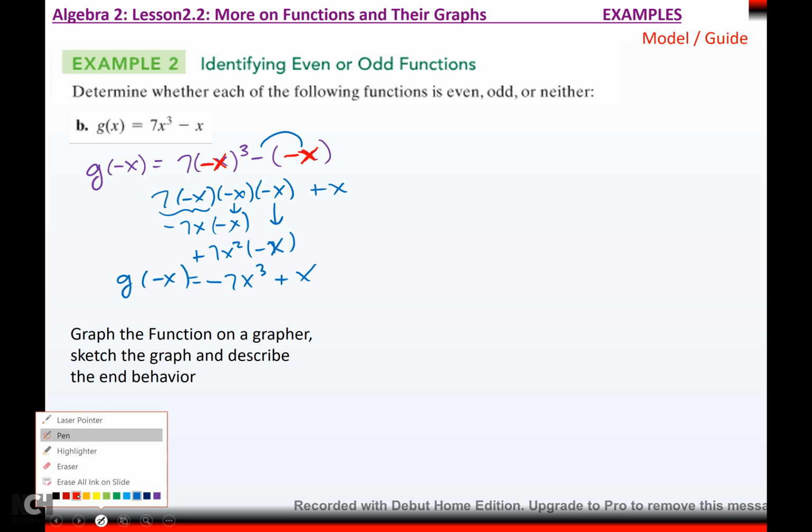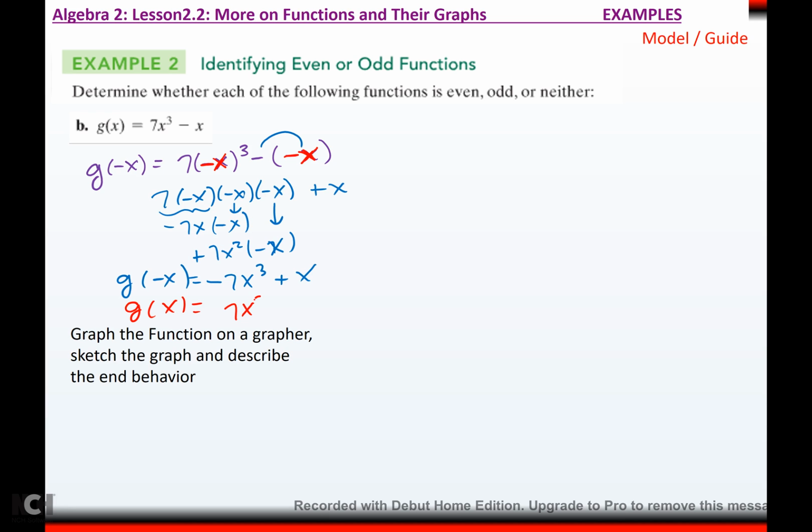If I compare that to my g of x, which was 7x cubed minus x, and I compare signs, negative turned to positive, positive turned to negative, so all signs changed, which means my function is odd.